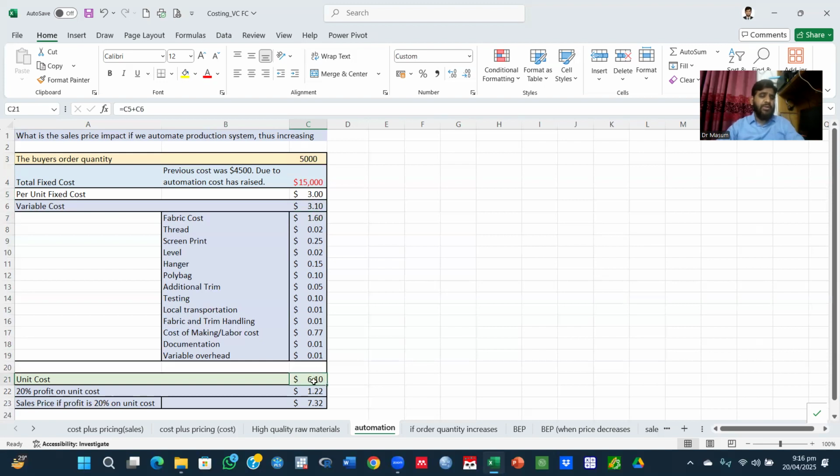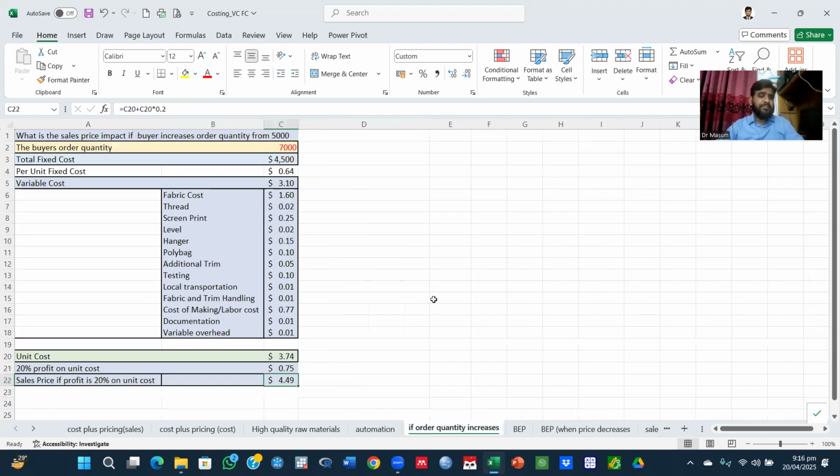So total unit cost is 6.10, and 20% profit on unit cost is 1.22. So your sales price at 20% profit on your cost will be $7.32. So you can automate, but the impact will fall on the unit price.